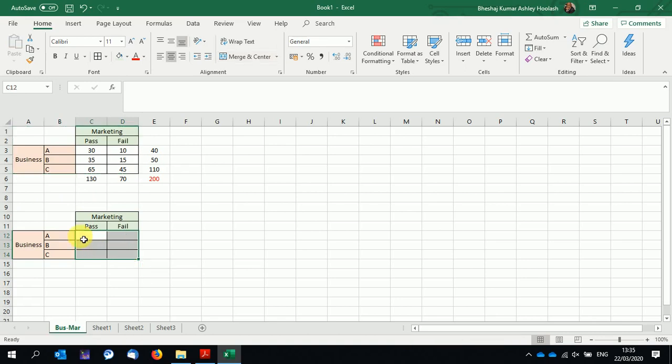So here it would be 30 divided by the sum, and I want to keep this cell constant, and I should get 0.15.